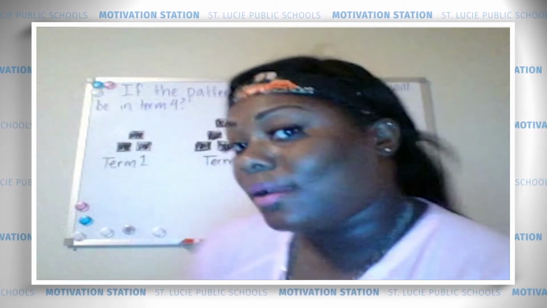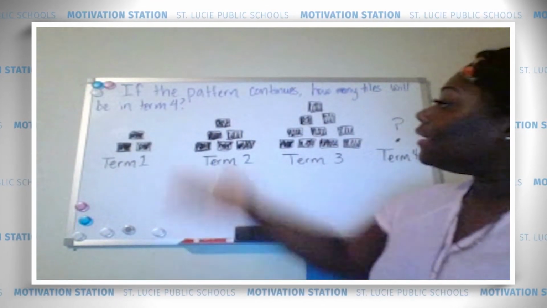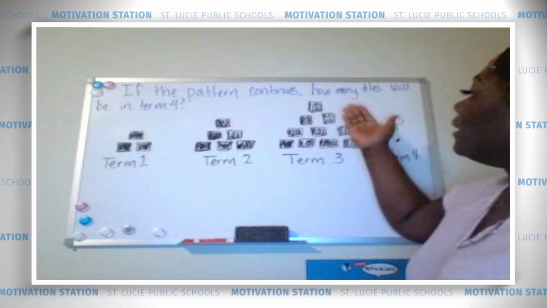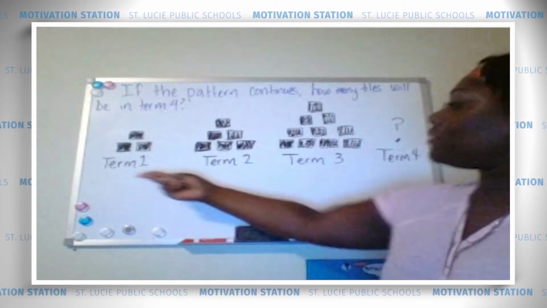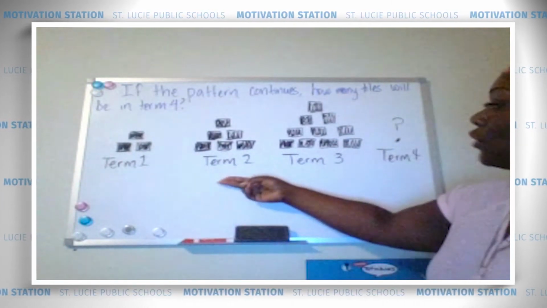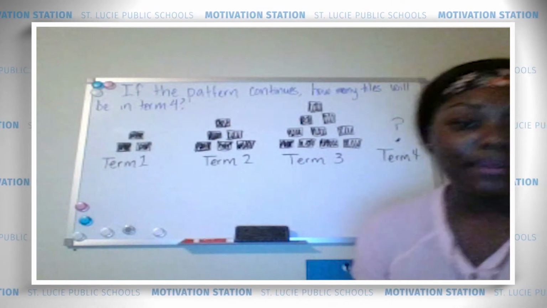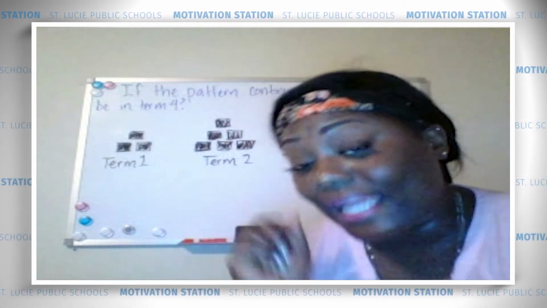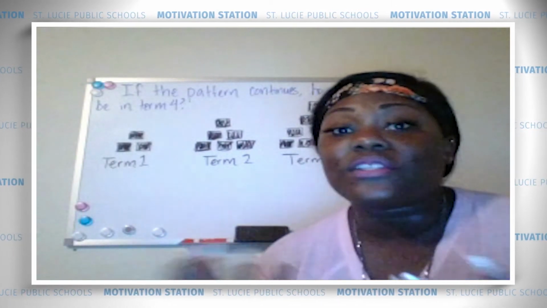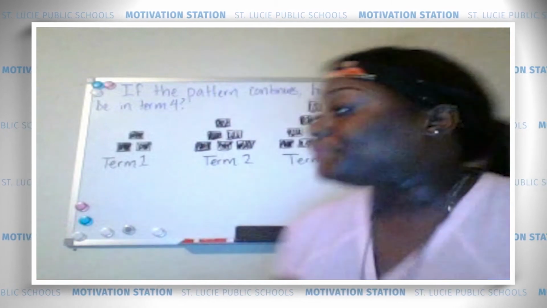Let's get into the lesson. It says, if the pattern continues, how many tiles will be in term 4? Here is term 1, term 2, term 3, term 4. Just like I stated before, we're going to start by looking at each term, and then start analyzing what's going on in each term.